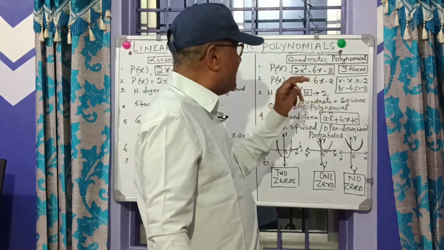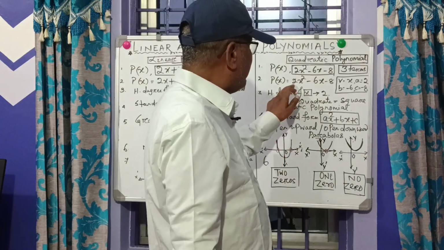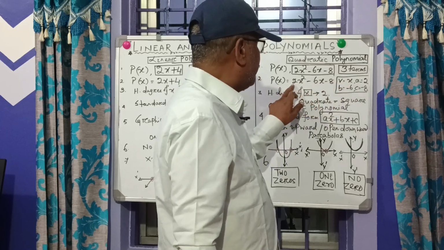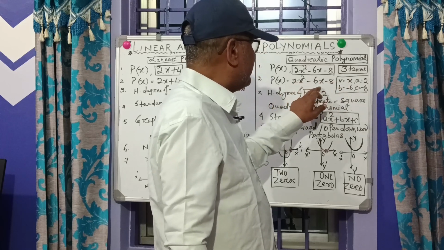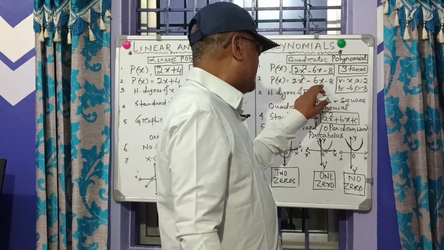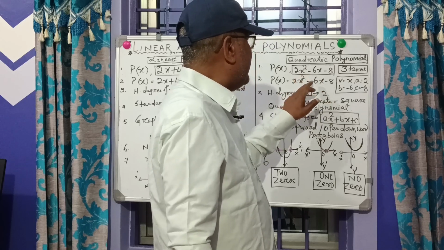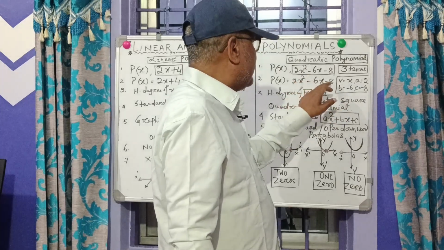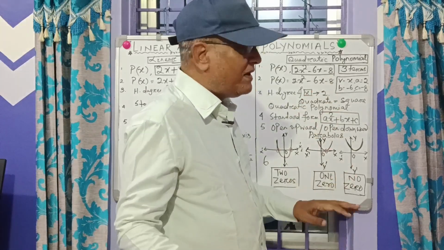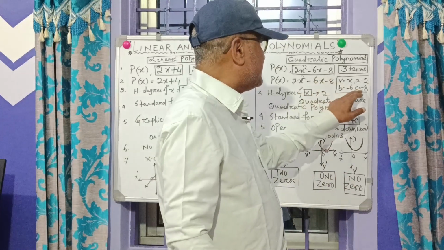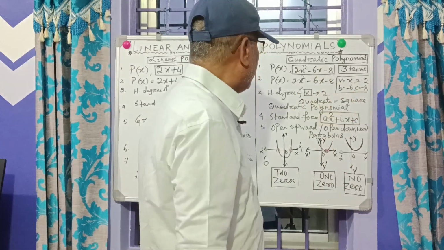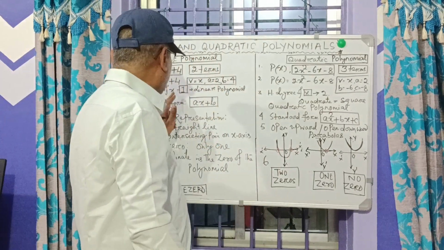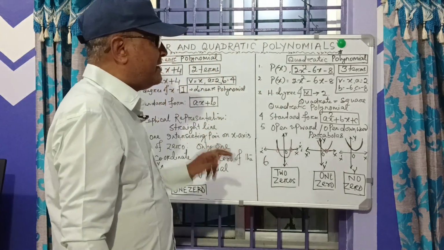Let me explain. In the first term, the variable is x and the coefficient is 2. In the second term, the variable is x and the coefficient b is −6. The third term is a constant polynomial, that is a constant, c is −8. Let's compare. Here the highest degree of the variable is 1.